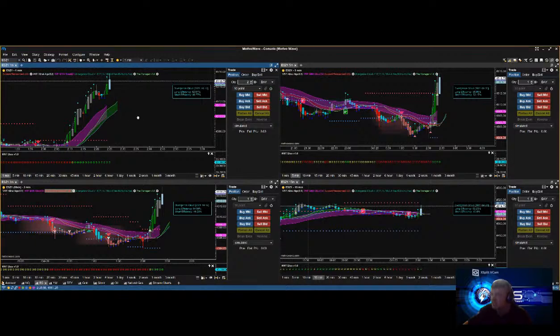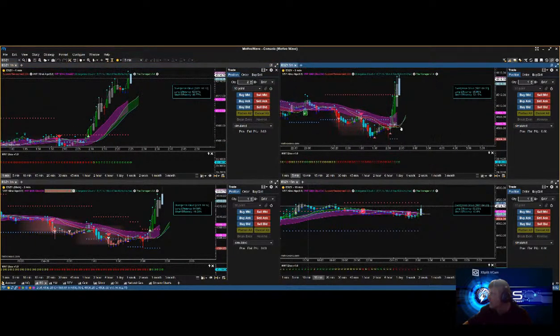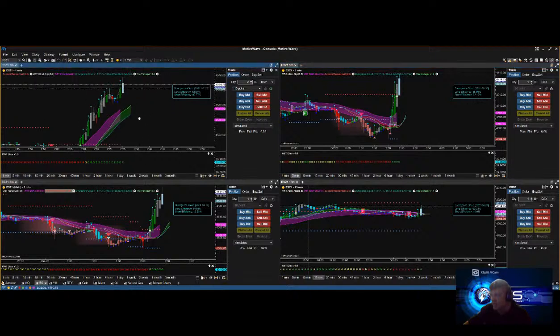All right, so the ES is looking really good now. We've got a 6-star buy on the 5-minute. If you are in the ES trade, you took it on the 5-minute, 6-star. You can manage it on a lower time frame if you'd like to. There's a big gap between your entry and the bottom of this EMA cloud right here.